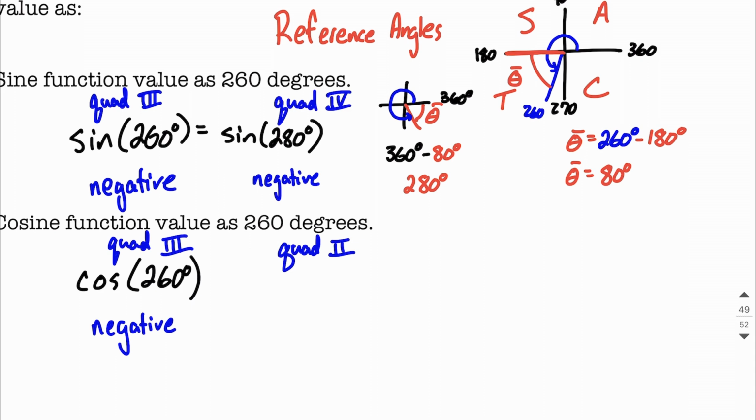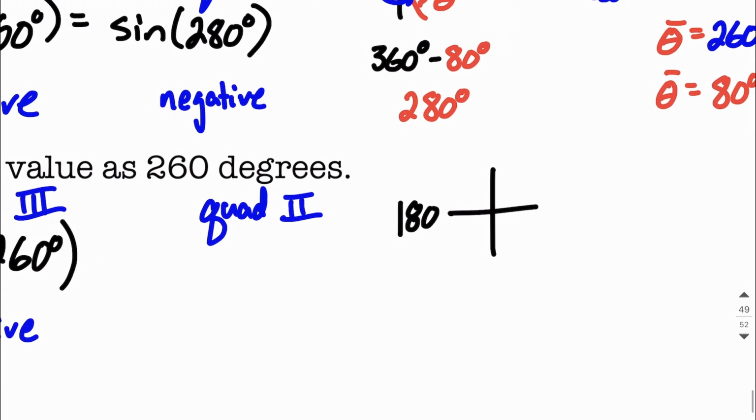So again, pretty similar. Let's go ahead and we need 180 degrees. And then we're going to place our reference angle, as always drawn from the x-axis, this time back into quadrant 2. And our end goal is to find this angle that wraps around from the x-axis on the right-hand side into quadrant 2.